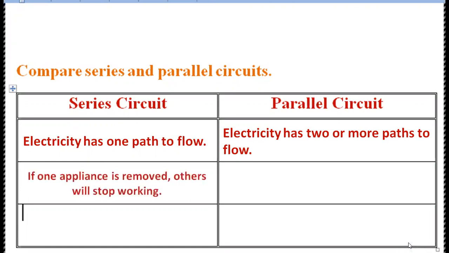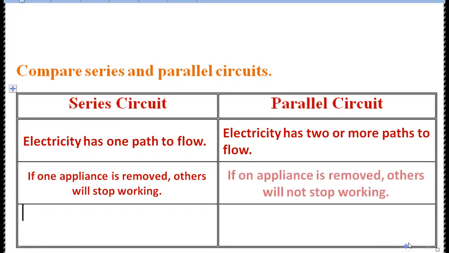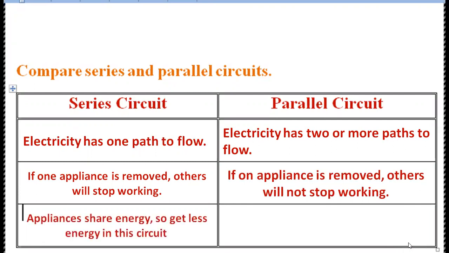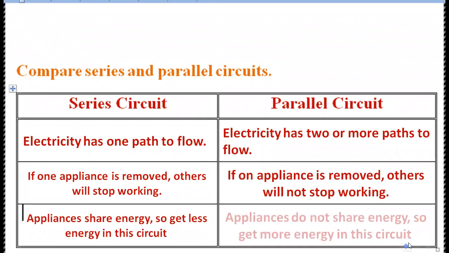In series, if one appliance is removed, others will stop working. In parallel, if one appliance is removed, others will not stop working. In series, appliances share energy, so they get less energy in this circuit. In parallel, appliances do not share energy, so they get more energy in this circuit.